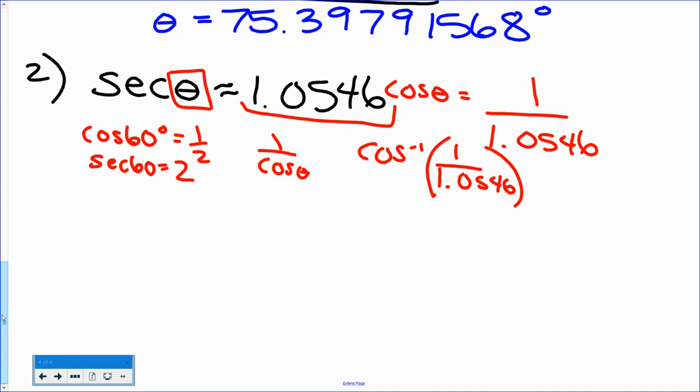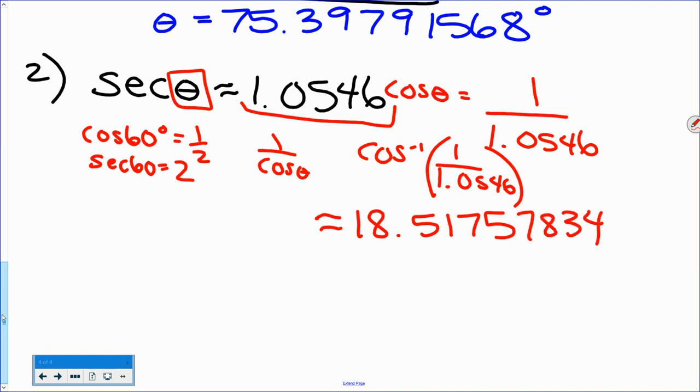So do your reciprocal before the inverse for this one, and then you'll be fine. So approximately 18.5175 is where I stopped, then 7834.